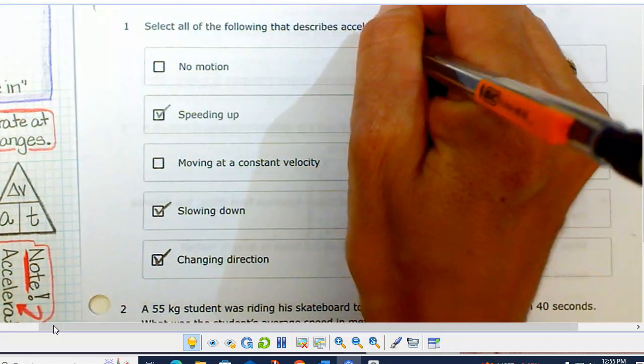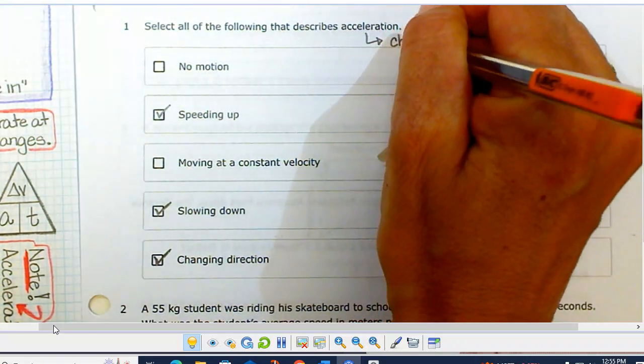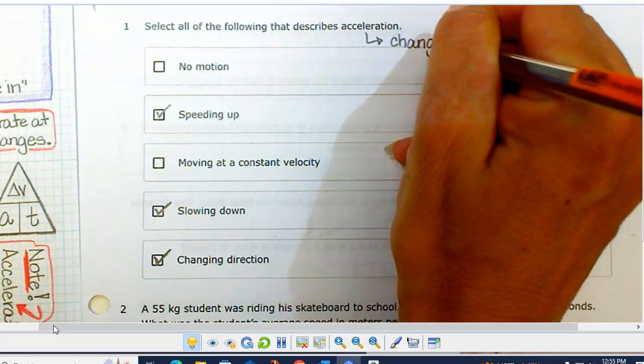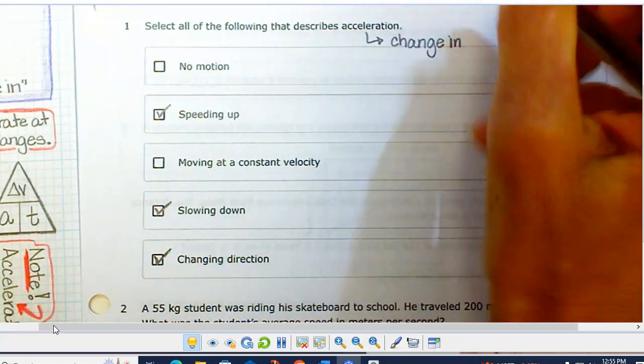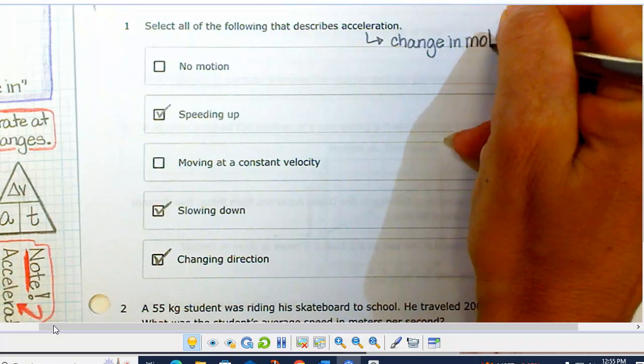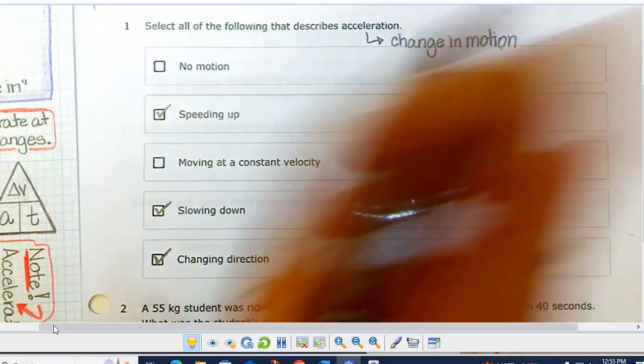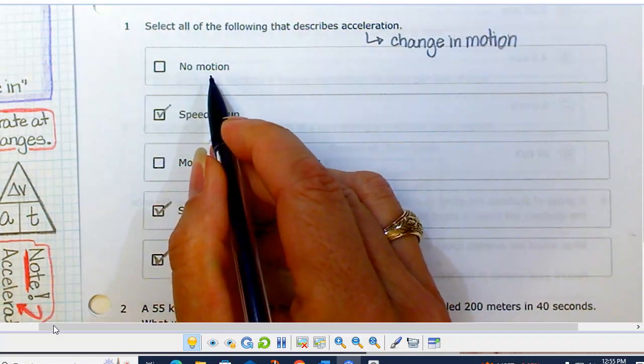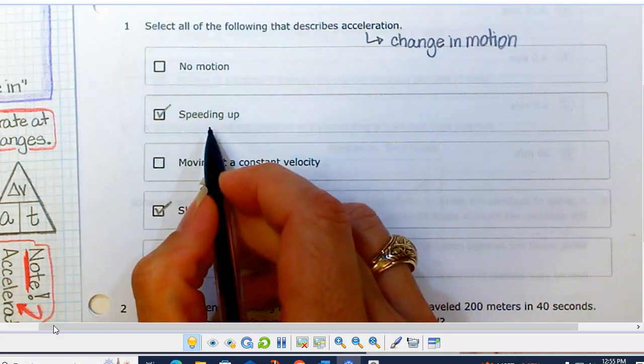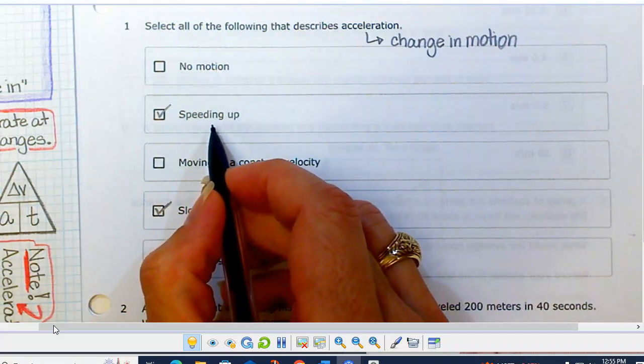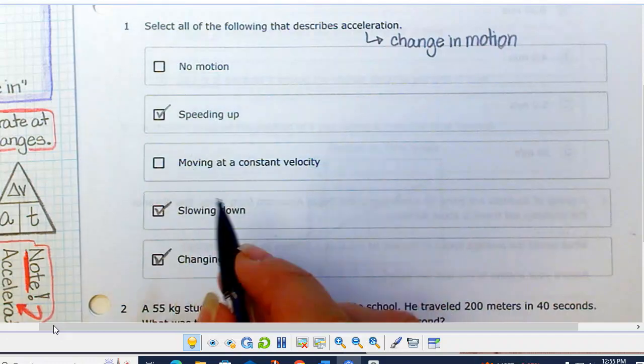Acceleration is a change in motion. And so if something's not moving, they're not changing how they're moving. Speeding up, an object is changing the way it's moving because it's going faster and faster.